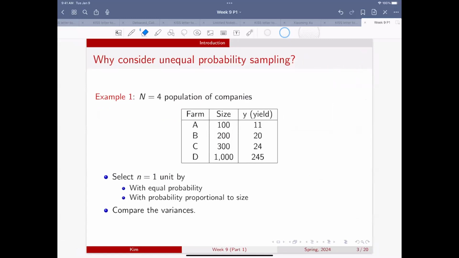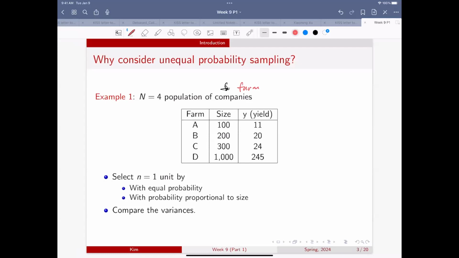Here's two examples. A population of four companies, whether it's a company or a farm. If it's a company, then the size means the number of employees.